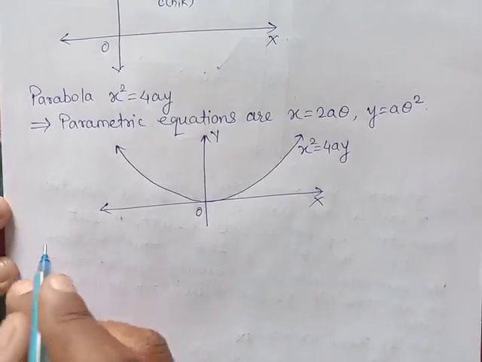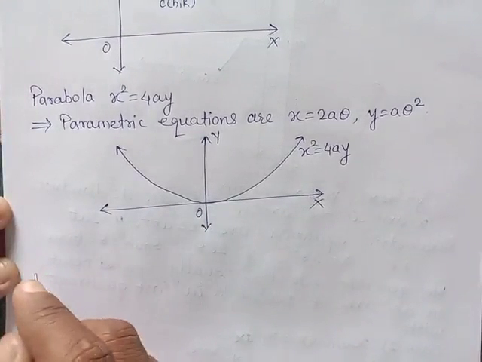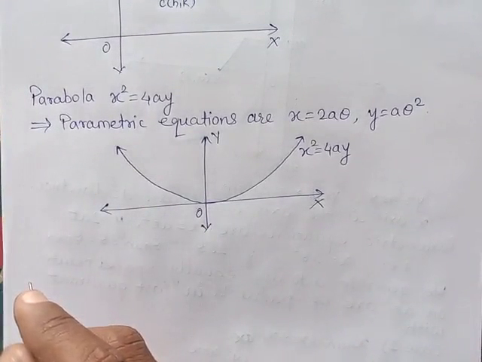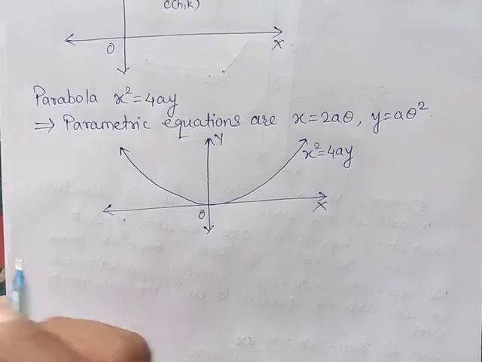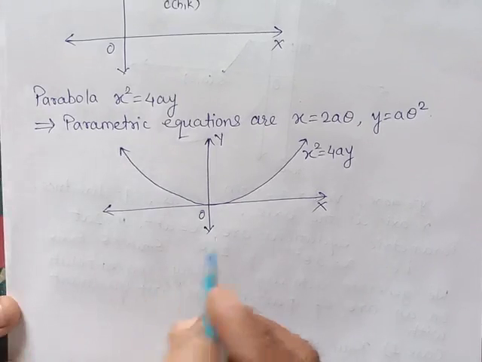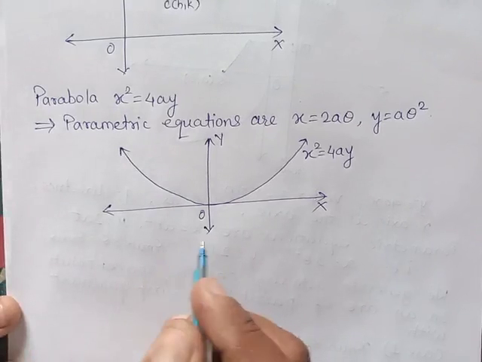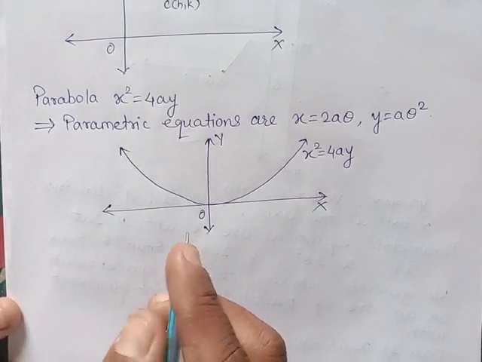Now let's see the algorithm to generate n equally spaced points on a parabolic segment, with these cases where x minimum, y minimum, and the range between x and range between y are given to us.